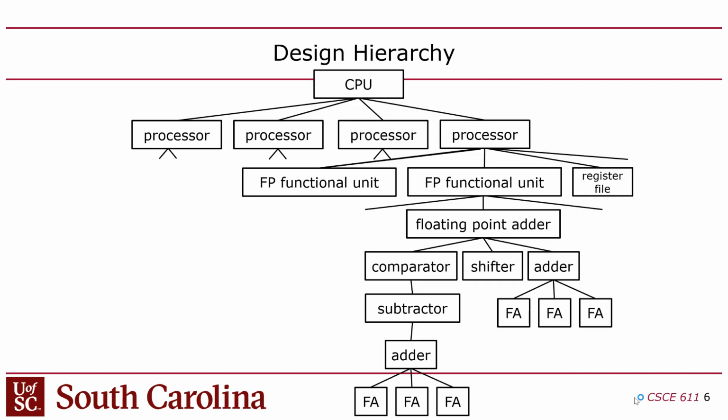Here's an example of that. A CPU may have multiple processors, and a processor has functional units, and a functional unit might be a floating point adder, and inside a floating point adder you may have a comparator, and inside that comparator you have a subtractor, and inside that subtractor you have an adder, and inside the adder you have full adders, right?